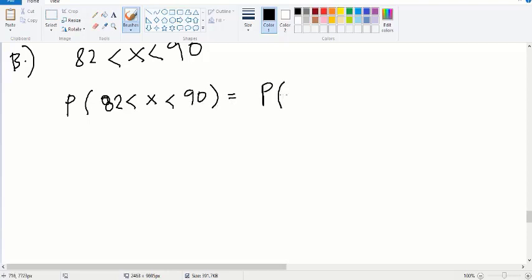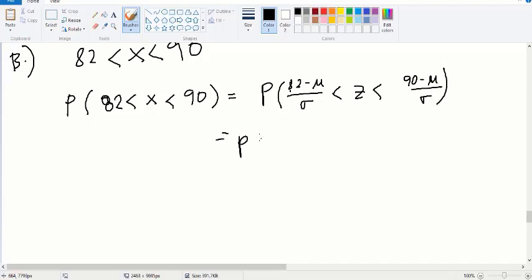You can solve this using 82 minus the mu over standard deviation less than Z, the Z-score. We are still looking for the Z-score pa. 90 minus mu over standard deviation.